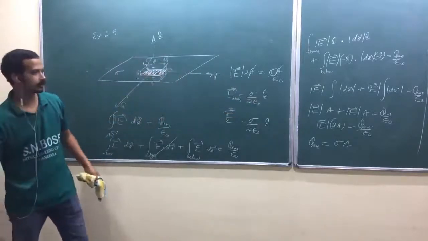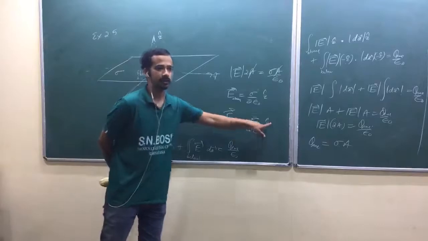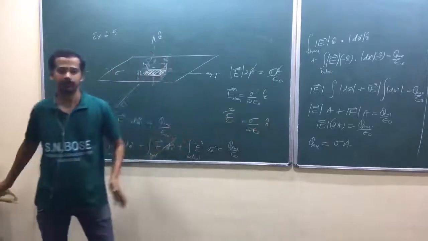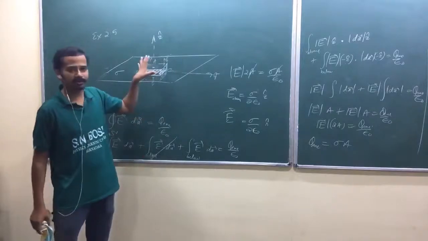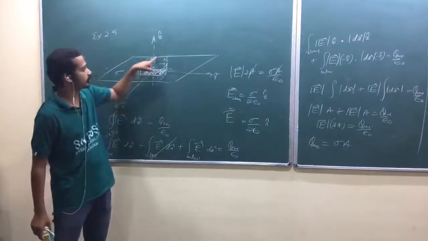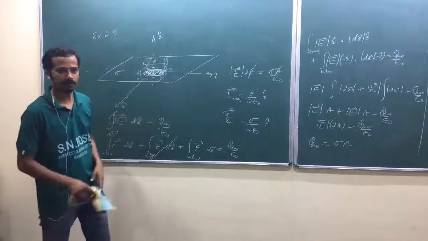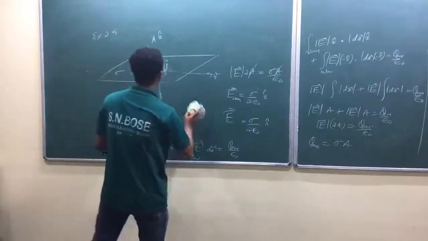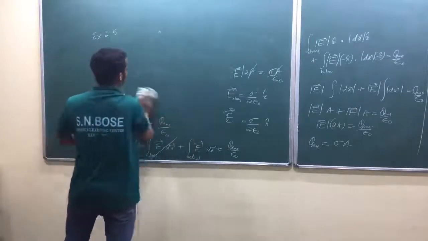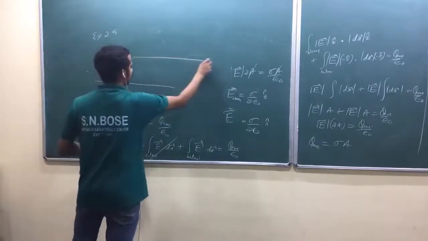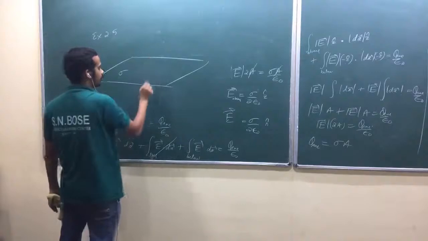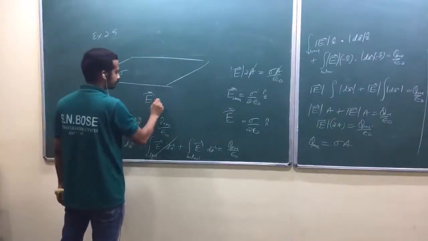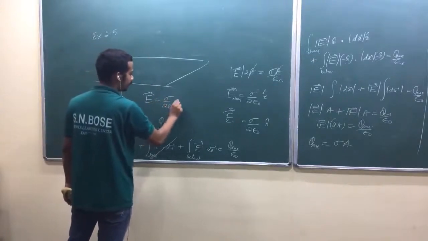In the book, he has taken n cap here. What is n cap? It is better to say away from the plane, either above or below, am I right? If I take a coordinate system, I would be in trouble. I have to put plus z cap above and minus z cap below. Is that okay? Generally, if you are not taking any coordinate system, for just an infinite plane uniformly charged, above and below, your electric field is sigma by 2 epsilon naught n cap.